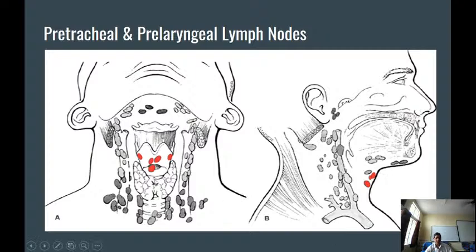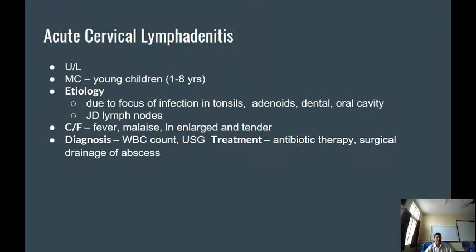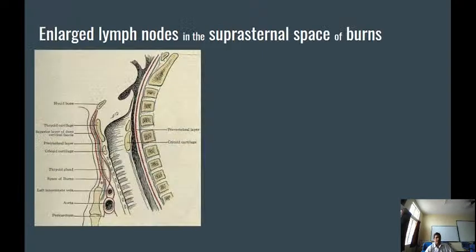These usually drain the oral cavity and the floor of the mouth. And so when they get infected, inflamed and enlarged, they present as swellings in front of the neck, in the midline. Now, this is the acute cervical lymphadenitis.